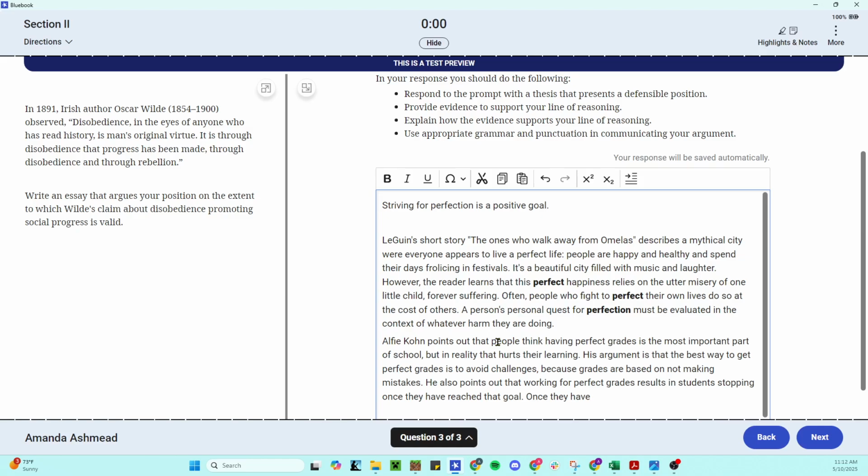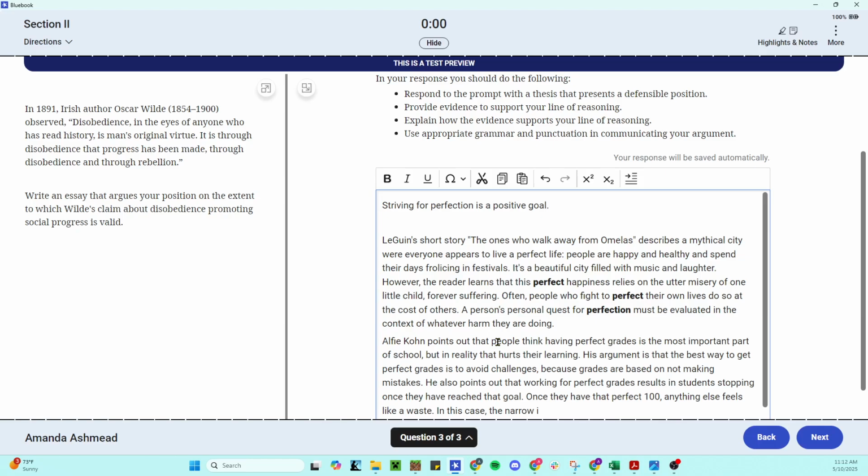Actually, I'm going to say that perfect 100. See, I'm trying to get that word perfect in as much as I can. Once they have that perfect 100, anything else feels like a waste.